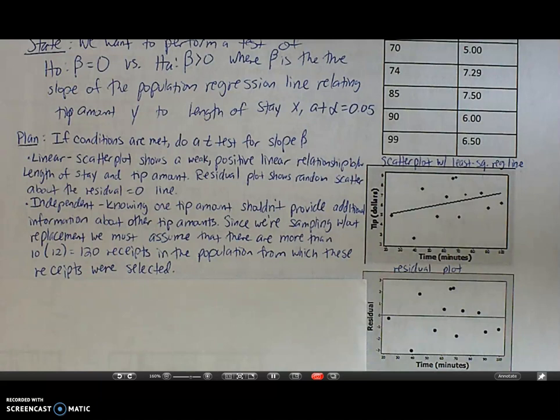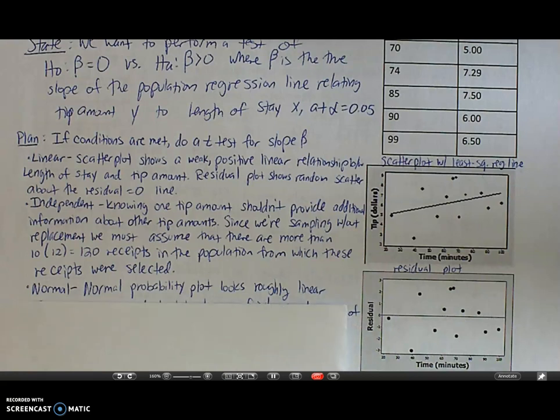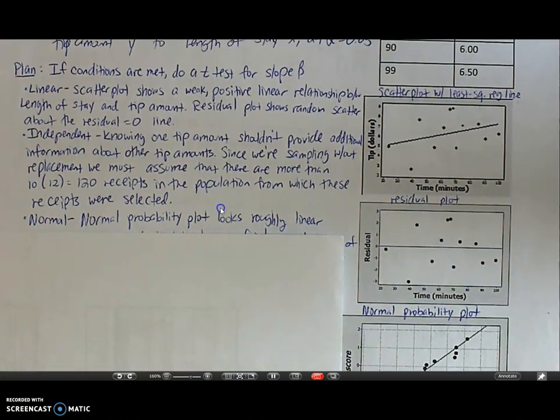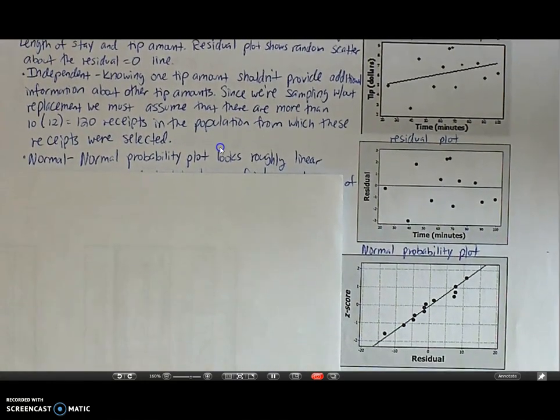The next condition is N in our LINER acronym, so normal. This is why we want to look at the normal probability plot. Our normal probability plot shows us that it's roughly linear, which is what we want. I should say the normal probability plot of the residuals is roughly linear, so that's going to satisfy our normal condition.